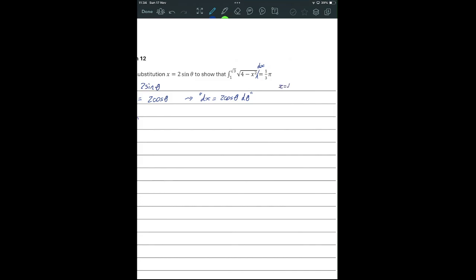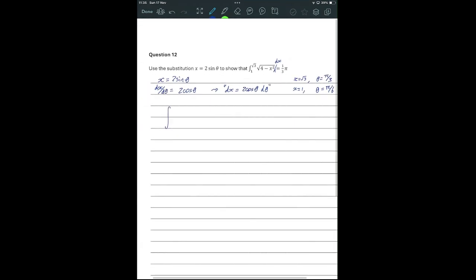If x is root 3, then theta is sine inverse of root 3 over 2. That again is one of our super nice ratios. That's just 60. Because we're in calculus, we have to be in radians. That's root 3 over 2. And when x is 1, sine inverse of a half is pi by 6.